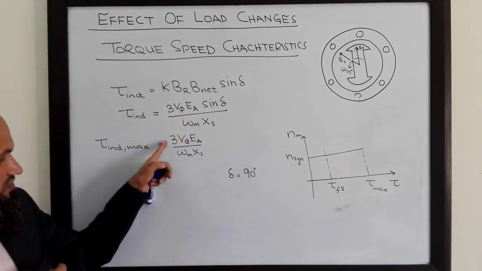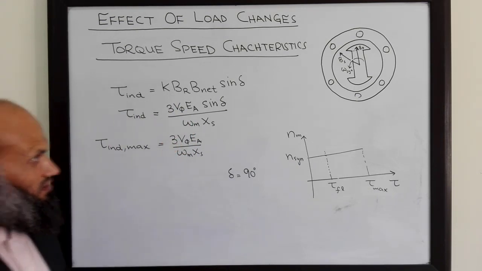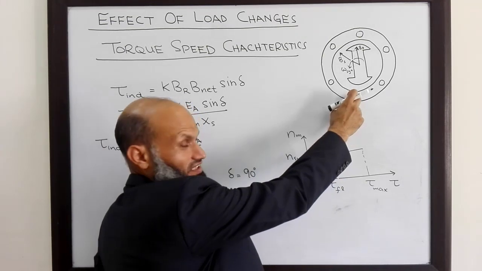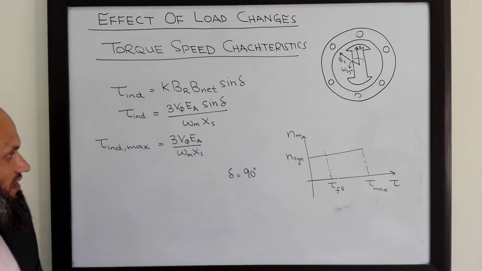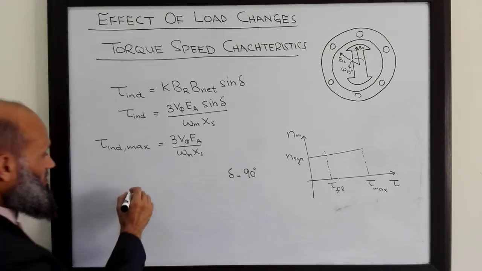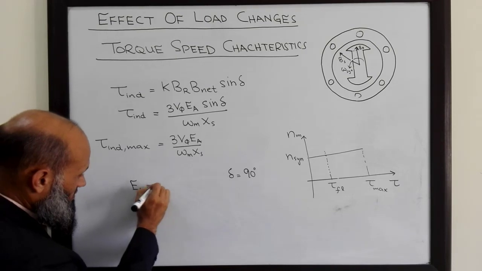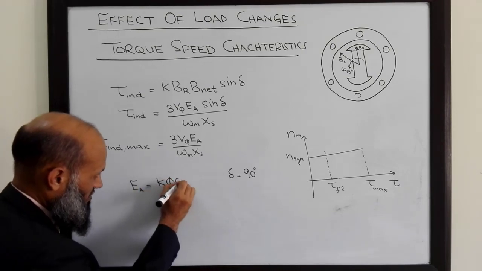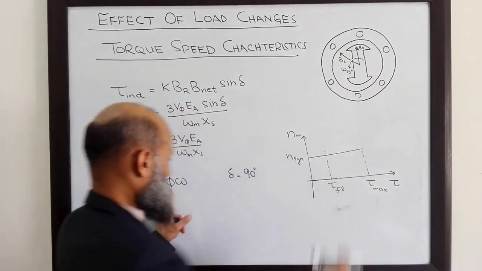From this expression we also observe the phase voltage, that is the voltage connected to the stator windings, and EA. What is EA? EA is dependent upon the field current, the current supplied to the windings on the rotor.